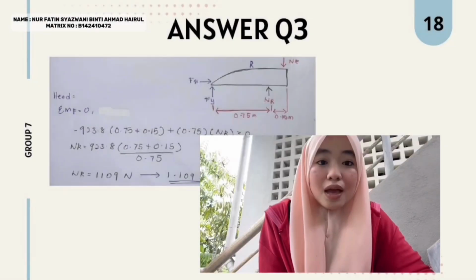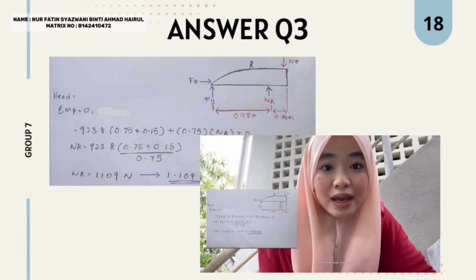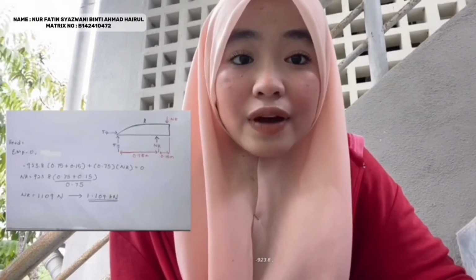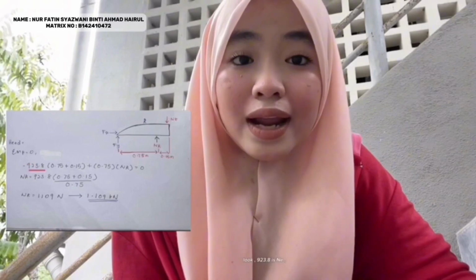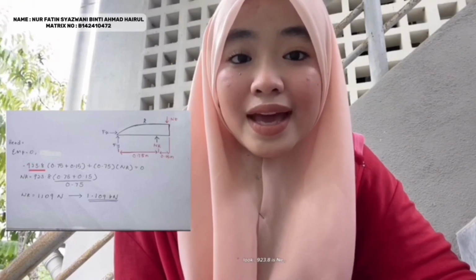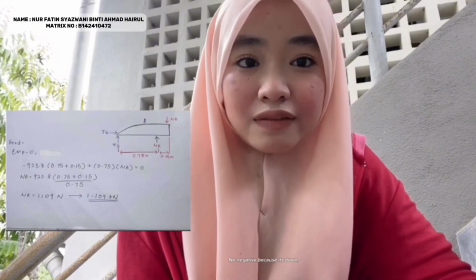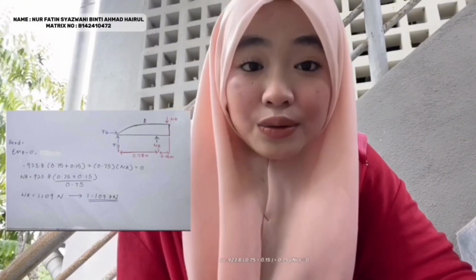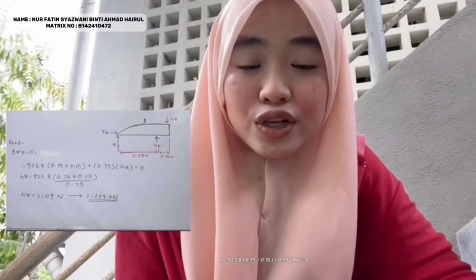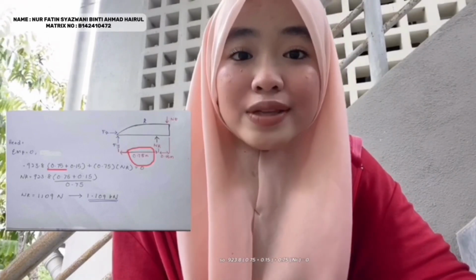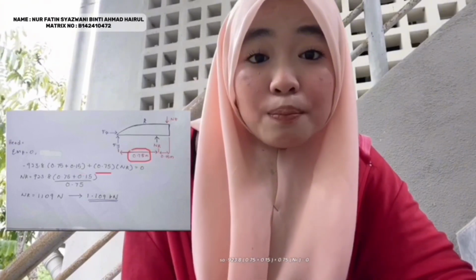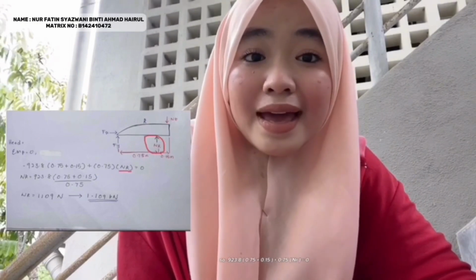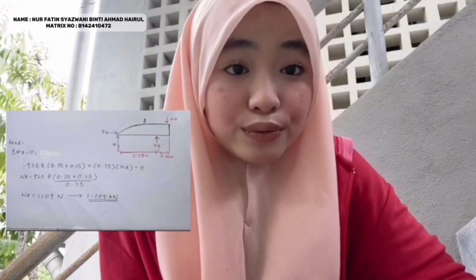Check. And last for the head, with Fx and Fy. So negative 923.8. Why negative? Look, 923.8 is NE, and NE is negative because it is down. So negative 923.8 multiplied by 0.75 plus 0.15, plus 0.75 multiplied by NR equal to 0.